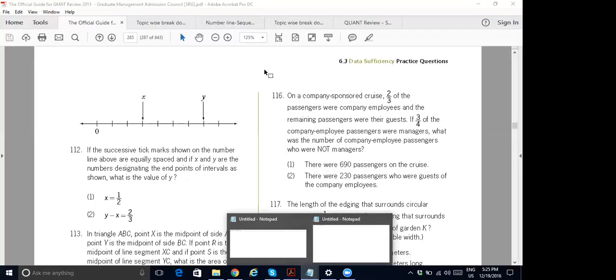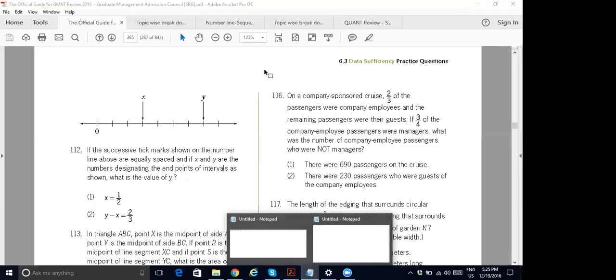So 1/4 of 2/3 of X, and that will be X by 6. Yes, correct.